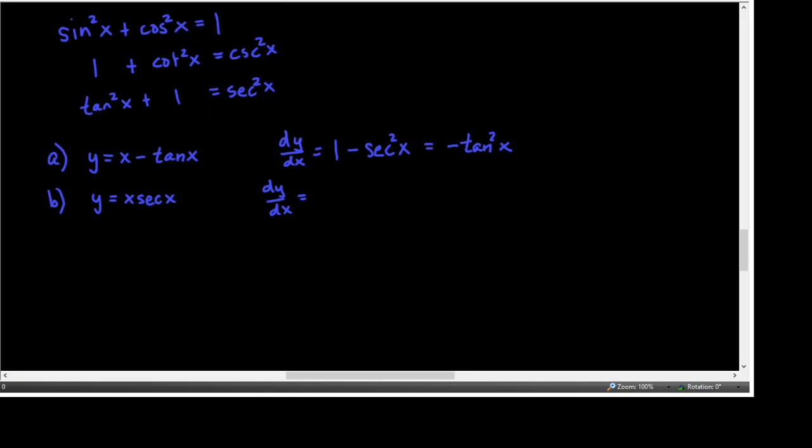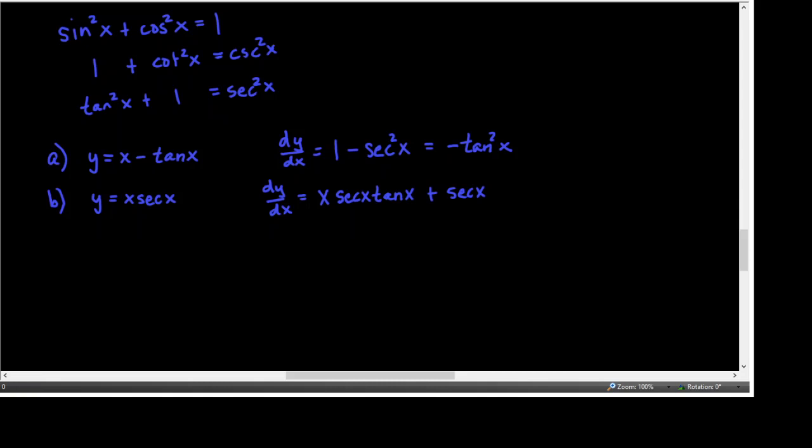So let's get started. Remember, the product rule is first function times the derivative of the second. The derivative of secant x is secant x tangent x. So first times the derivative of the second plus the second times the derivative of the first, and the derivative of x is 1, so I'll just leave that in that form.